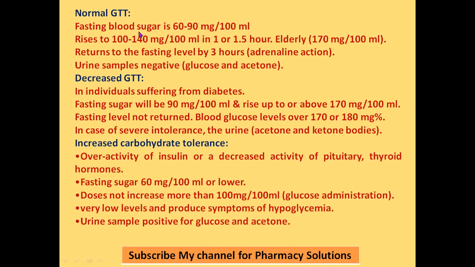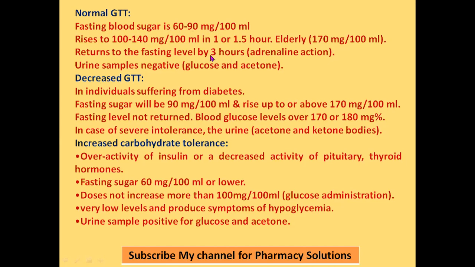The fasting blood sugar level in a normal person is around 60 to 90 mg per 100 ml, but when you give the extra dose of glucose, it increases to 100 to 140 mg per 100 ml within 1 to 1.5 hours. In old patients it may go a little higher, up to 170 mg per 100 ml, and it comes down to fasting level by 2.5 hours.